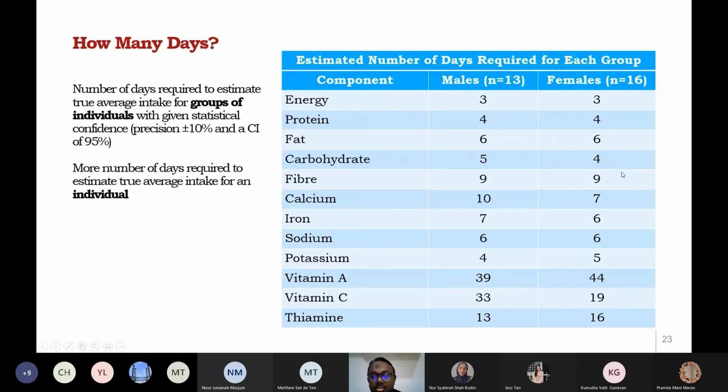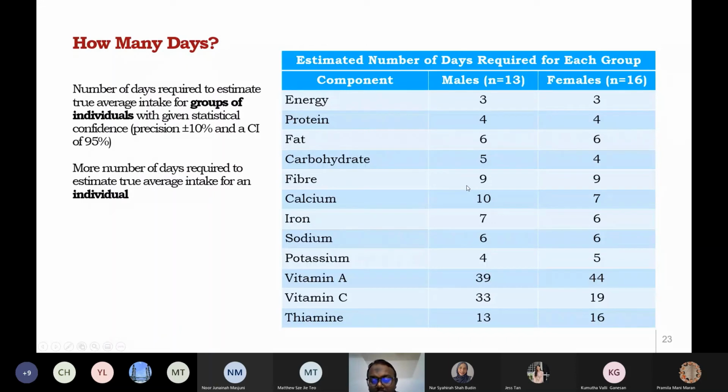So we can use this as a guide when we are planning absolute relative validity research on our own. Normally we need energy, protein, fat, carbohydrate, right?